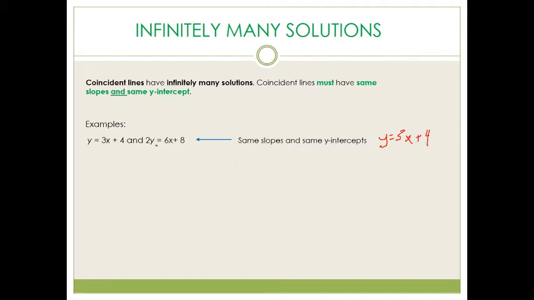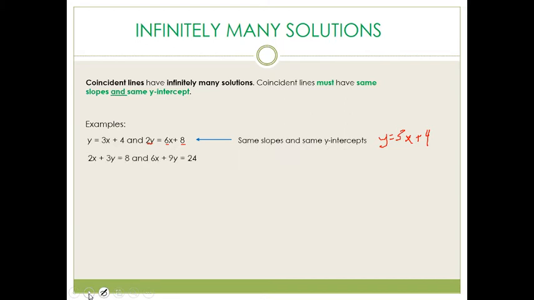So all I did was divide everything here by 2 to get the y by itself. And now we can see that this line and this line are really the same line. They're identical. So that would produce infinitely many solutions.